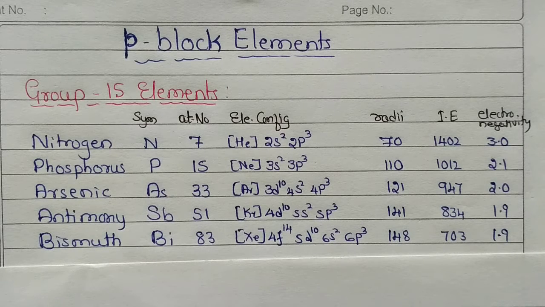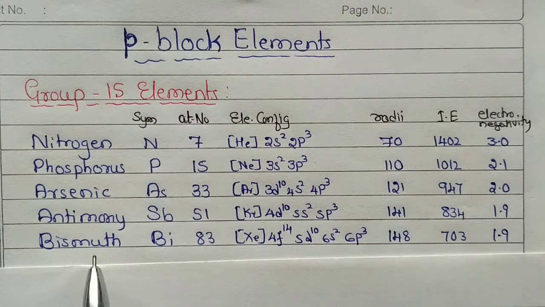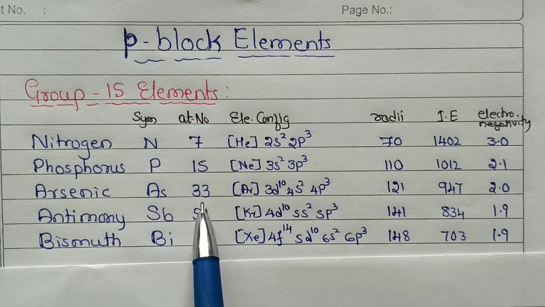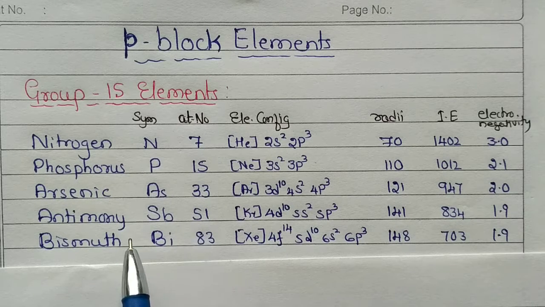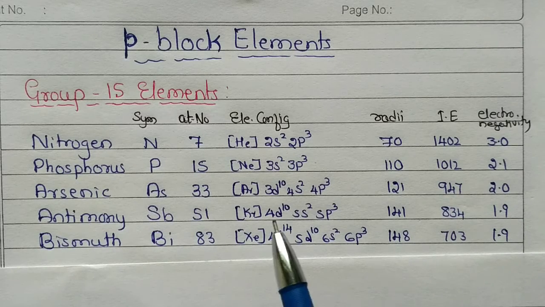Nitrogen, atomic number 7 with the symbol N, phosphorus P, atomic number 15, arsenic 33, As, antimony 51, Sb, bismuth 83, Bi.